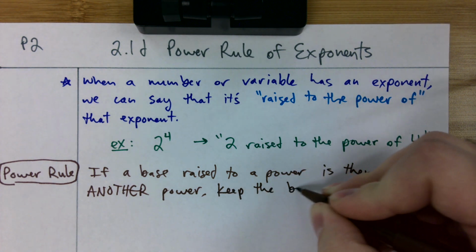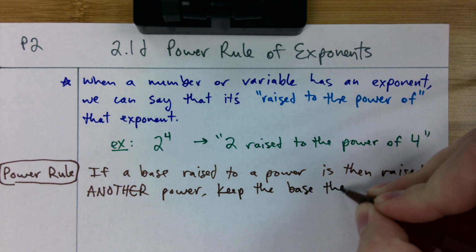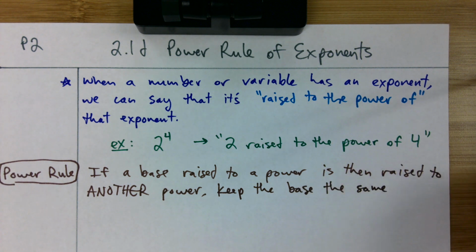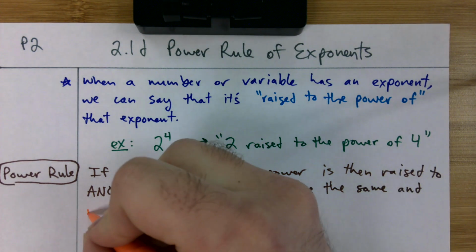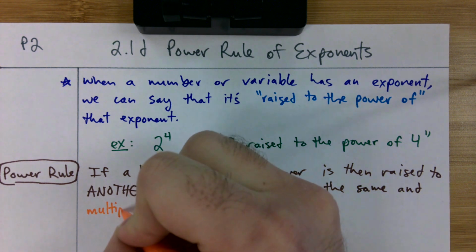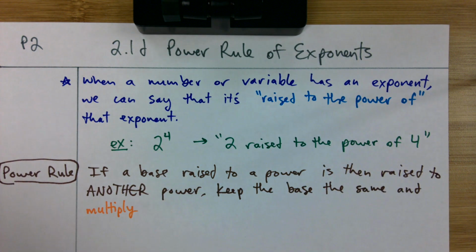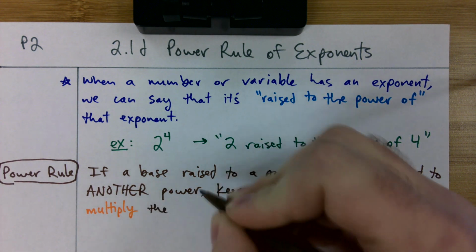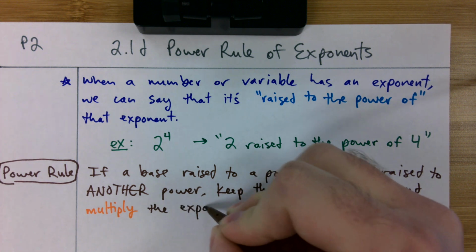Sounds familiar, right? And then what we're going to do is multiply the exponents.